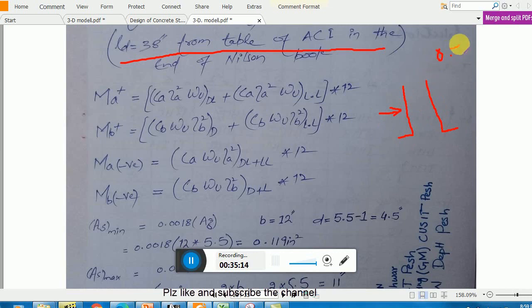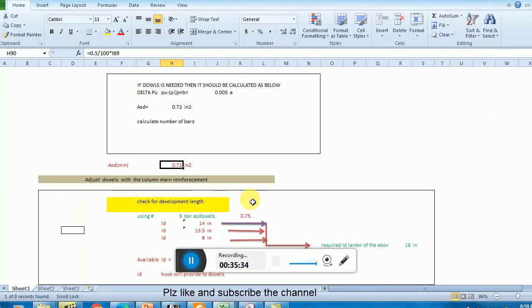These are the dowels, and now these dowels must be consistent with the reinforcement of the column. So the dowel area is 0.72 and the column cross section bars which I'm providing are 4 times 0.441.